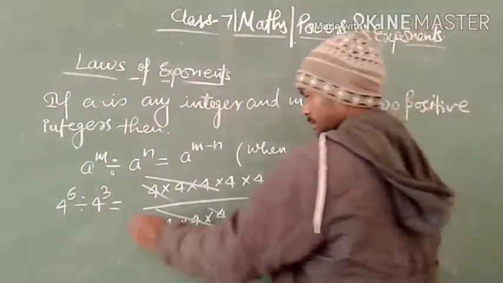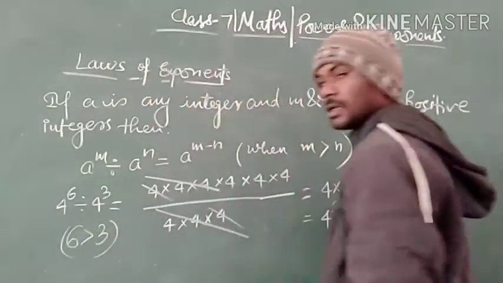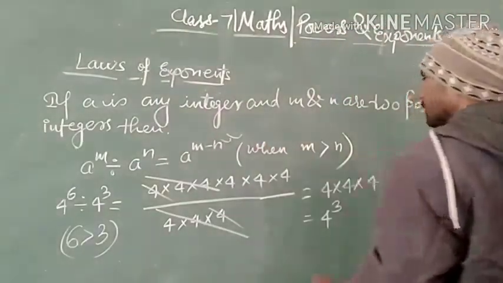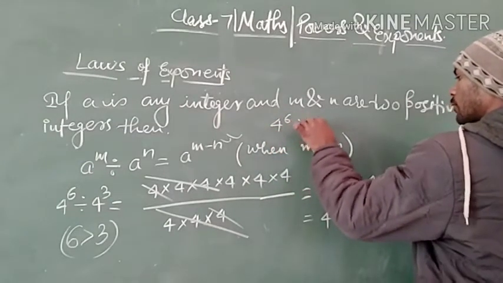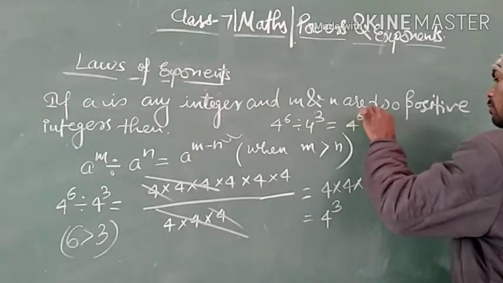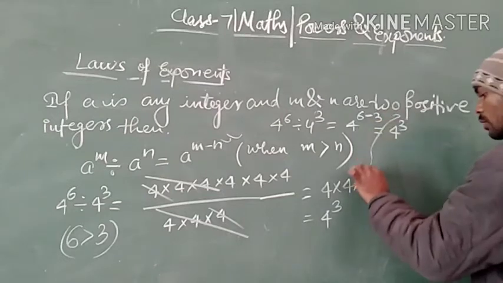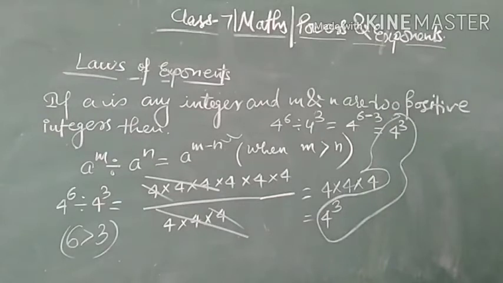Okay, here 6 is greater than 3. Now let us see it by this condition. 4 to the power 6 divided by 4 to the power 3 can be written as 4 to the power 6 minus 3 is equal to 4 cube. So here you can see that both answers are the same.